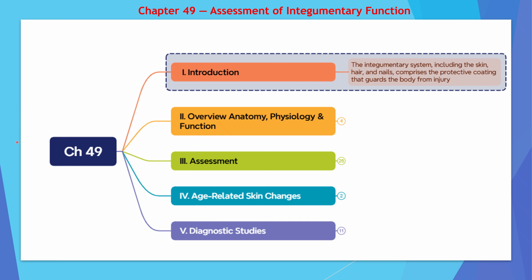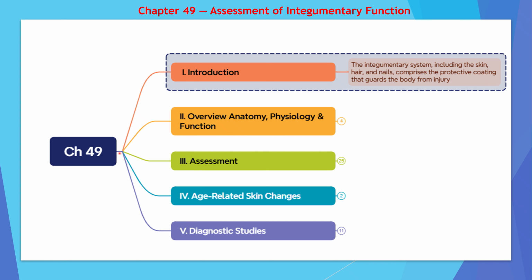Now I want to review this chapter 49 for just 3 minutes before we go further into questions, in case you haven't looked at the previous part 1 and part 2.